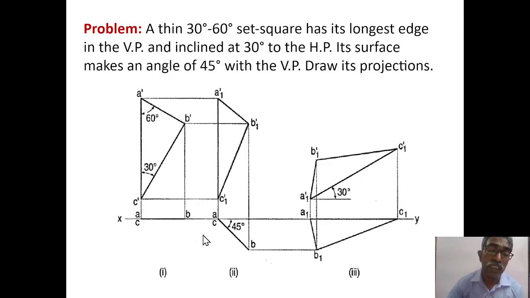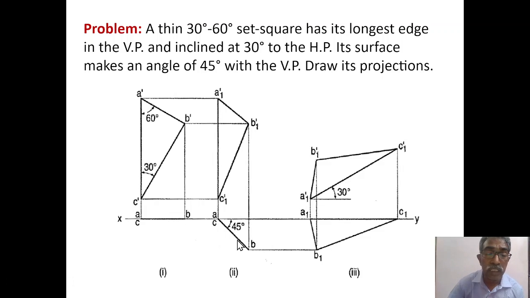Then what you have to do is take the corner B on the xy line and draw the line making 45 degrees. But instead of the corner B, here the longest side AC is given in a vertical plane. Therefore, take this AC on the xy and make the surface 45 degrees to the vertical plane.